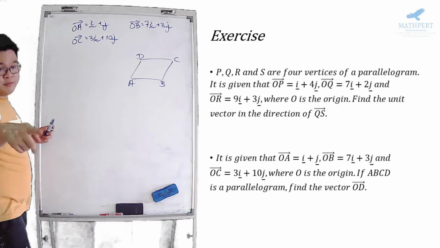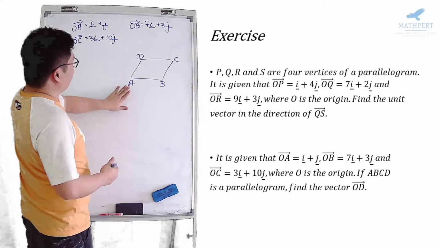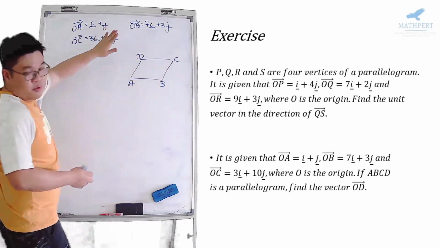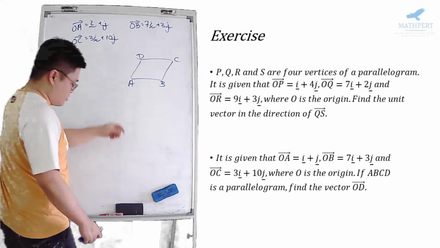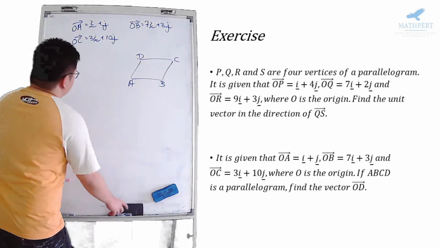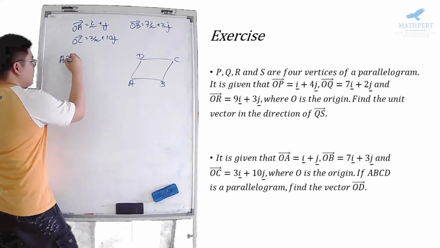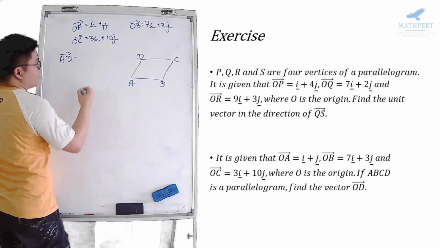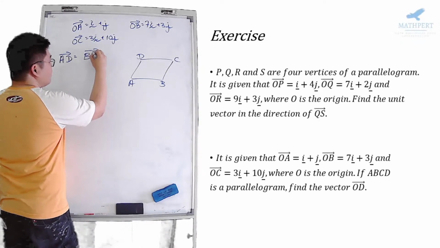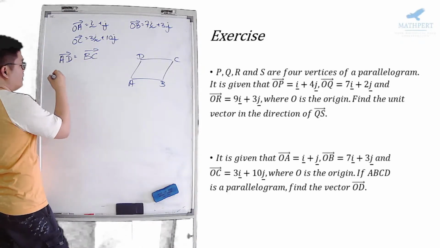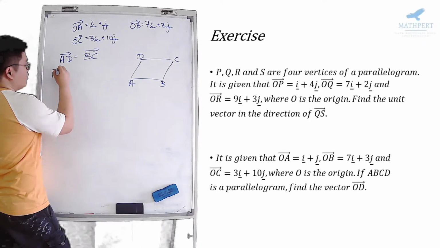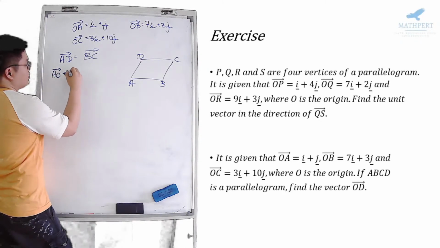Same as the previous question. We have A, we have B, we have C, and we are asked to find OD. So what we can do is say AD is the same as BC. AD is AO plus OD.